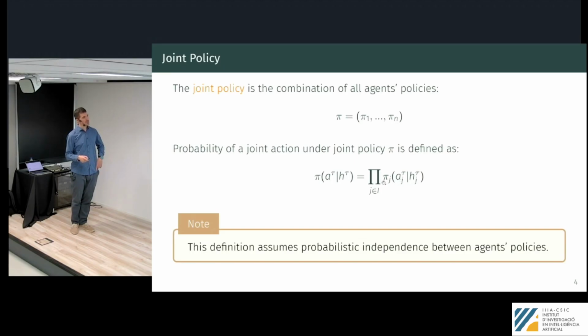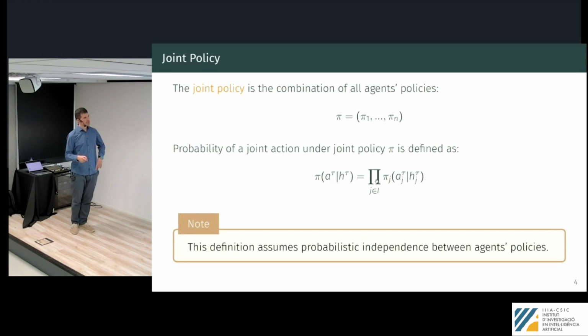Okay, so pi j is the policy of agent j, and aj is the action of agent j in that particular joint action, and it's just the probability that single agent gives to that particular action. So if you take the product, then that is the probability of the joint policy for a particular joint action.